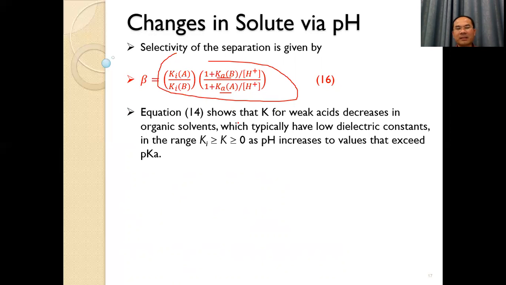This equation shows that K for weak acid decreases in organic solvent, which typically has a low dielectric constant. In the range of Ki greater than K greater than 0, and also as pH increases to values that exceed pKa. The dielectric constant indicates the polarity of the system.